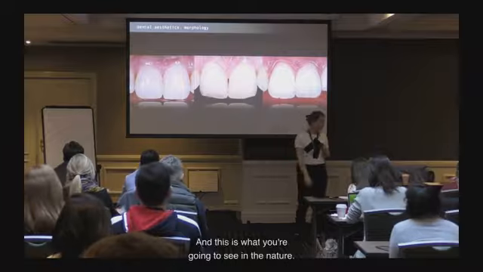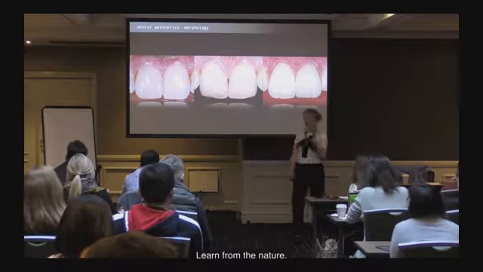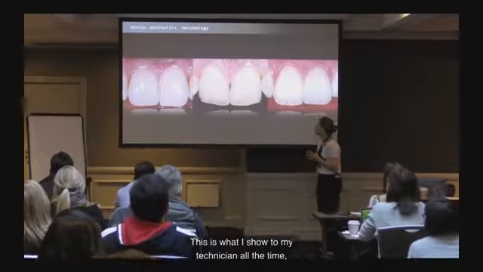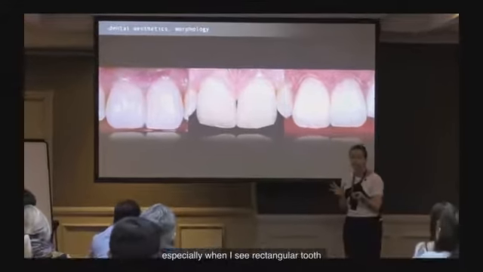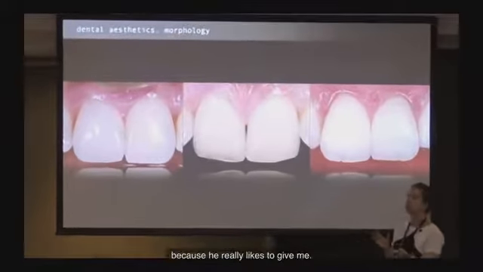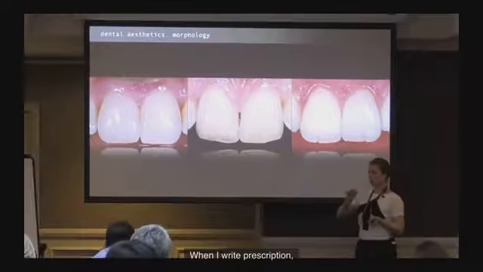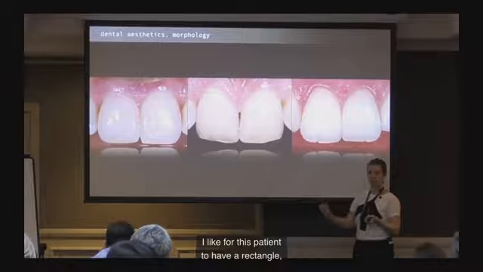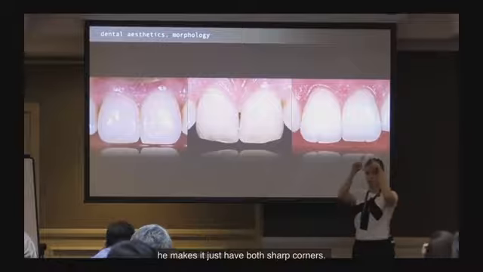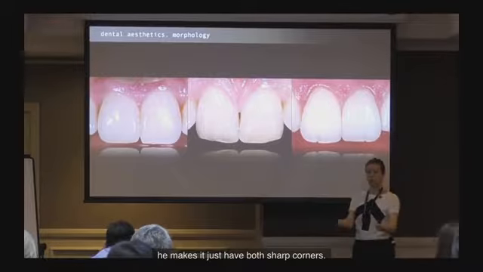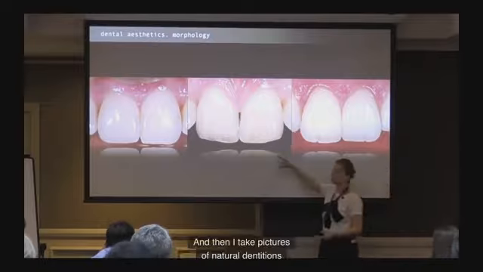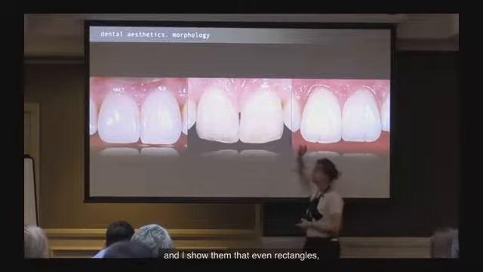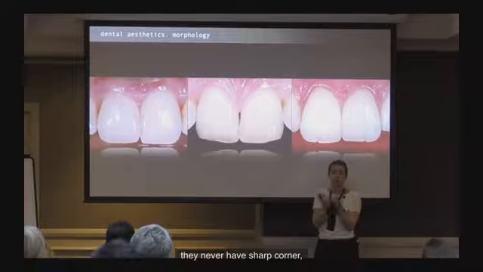And this is what you're gonna see in the nature. Learn from the nature. This is what I show to my technician all the time, especially when I see rectangular tooth, because he really likes to give me, when I write prescription, I would like for this patient to have a rectangle. He makes it just have both sharp corners. And then I take pictures of natural dentition and I show them that even rectangles, they never have sharp corner.